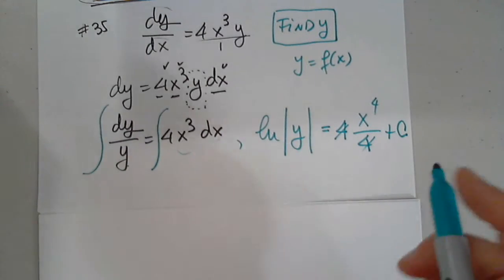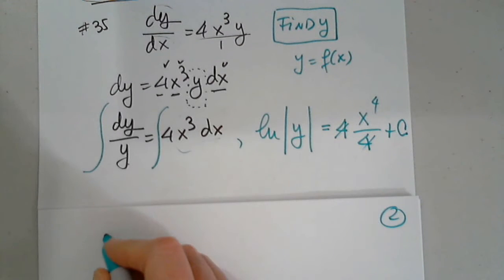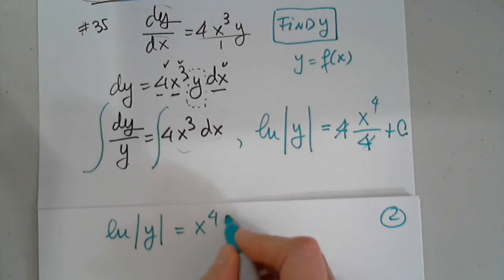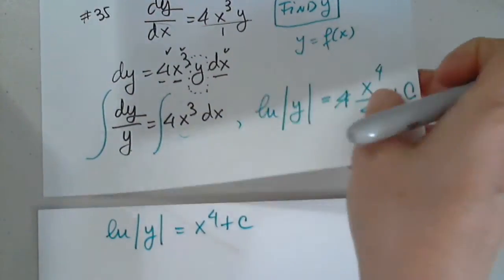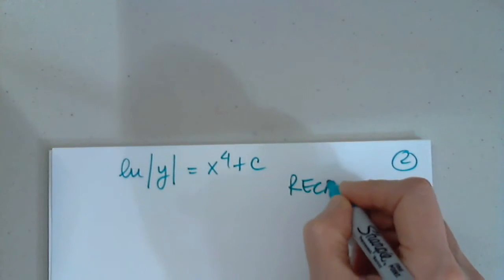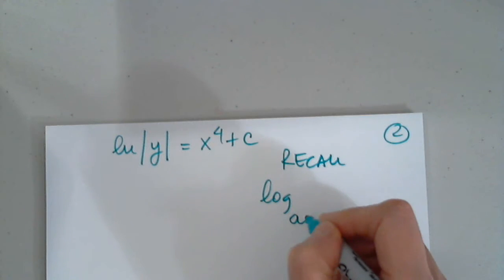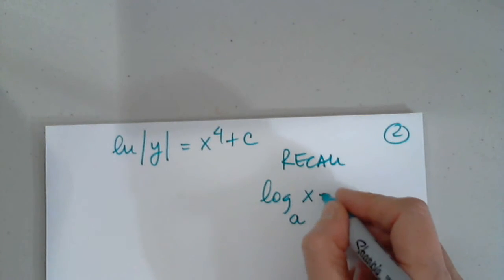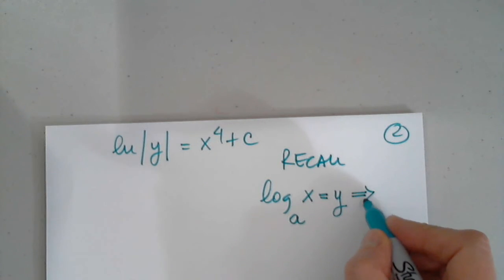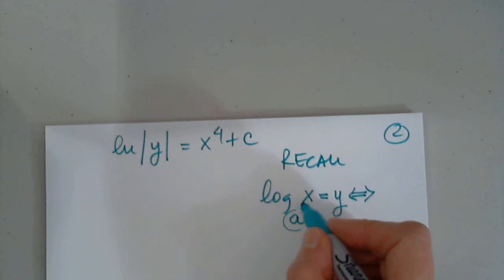Now we have to solve this equation for y. So I'm just going to write it one more time. Natural log of the absolute value of y equals x to the 4th plus a constant c. And let's take it from here. So recall that log in any base of x is a number y is equivalent to saying the base raised to y equals x.